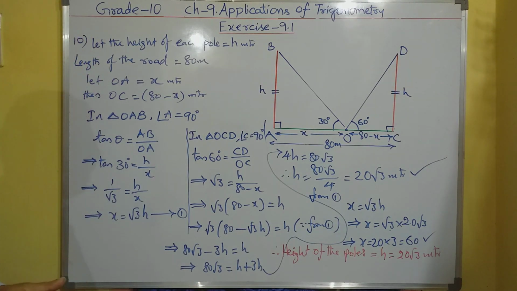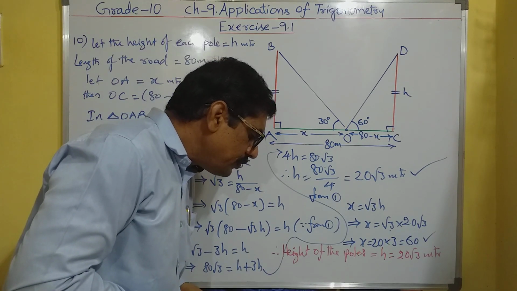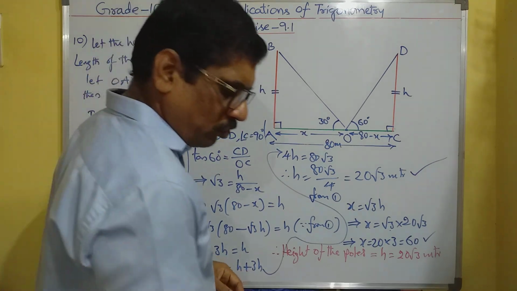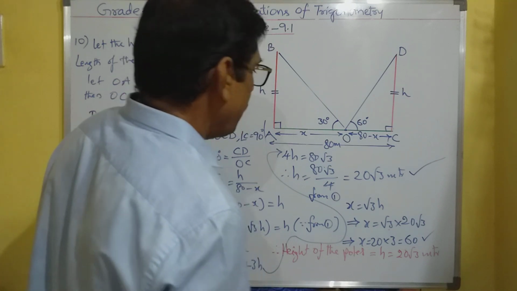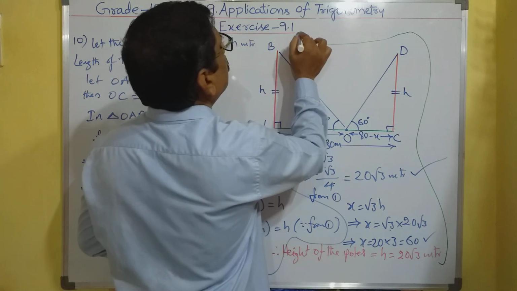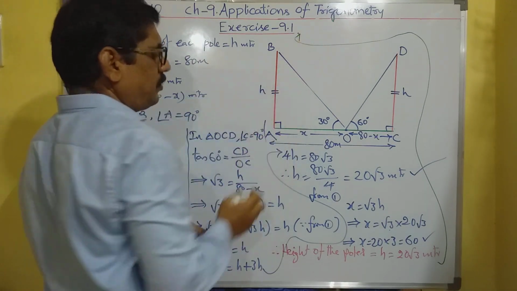And what is the other question he has asked? We have to find the poles and the distances of the point from the poles. See, look at this. Let us write the other point at the top, we don't have the place. Okay, here I am writing. What is the other sentence?